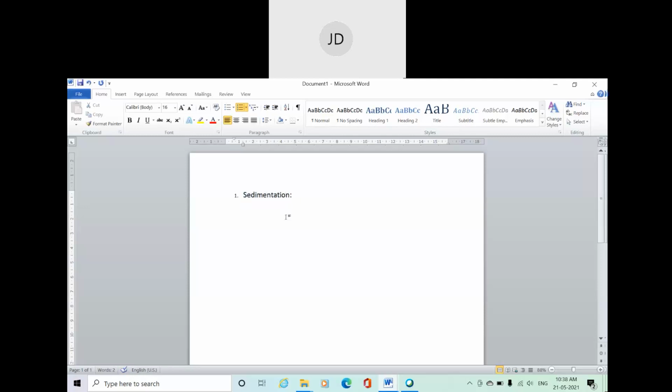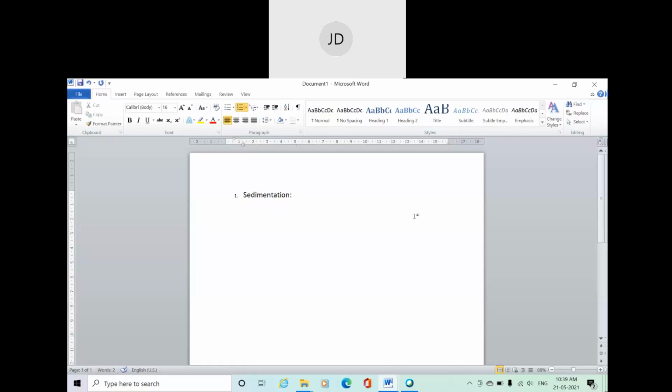Sedimentation. As water is stored above the sand, I already showed you in the diagram that below we need to fill gravel, then above the gravel you put sand, then above that you put water. As the water is stored above the sand, due to gravity, suspended solids may settle down.